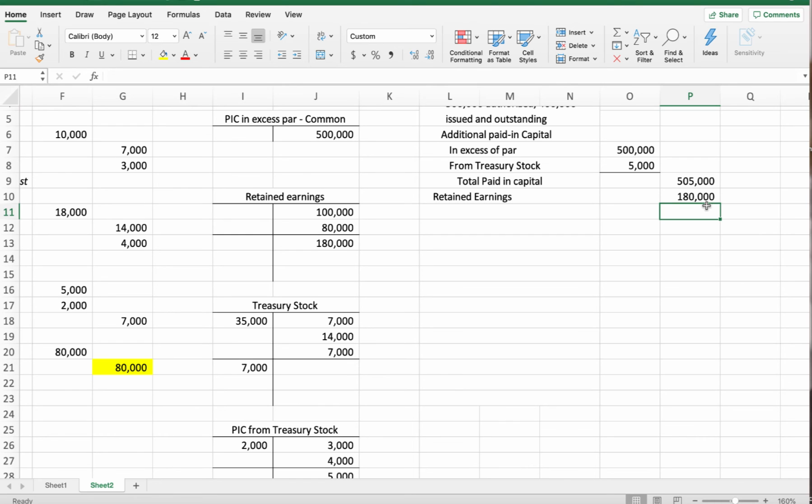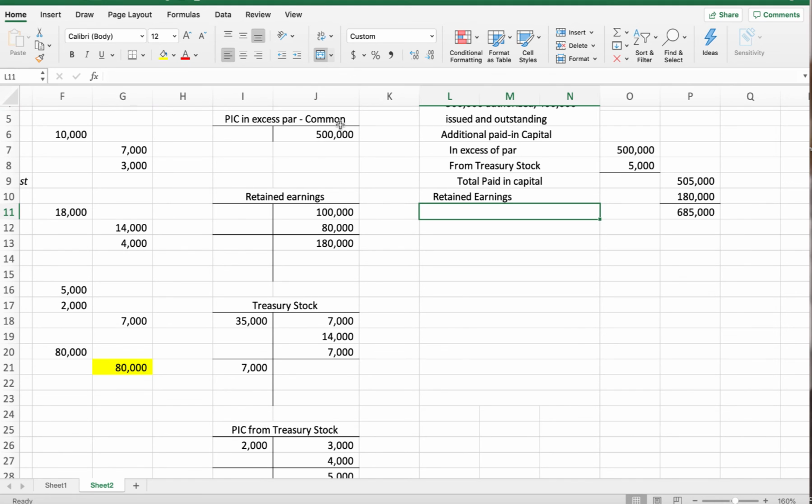Okay. So now I need to make a new total here, right? So I'm going to add my total paid in capital to my retained earnings and I get $685,000. What is this called? This right here is called my total paid in capital and retained earnings.